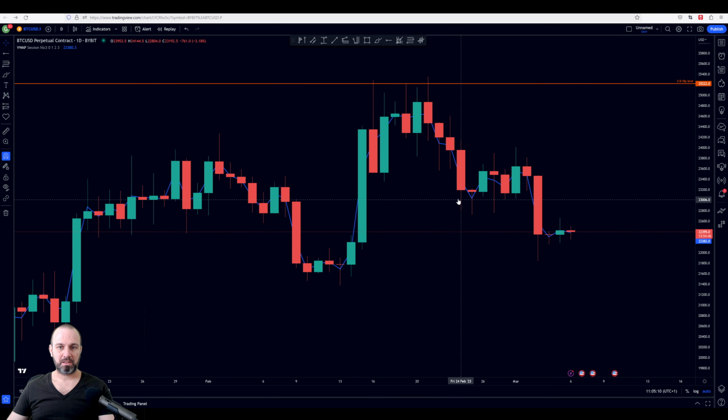But then lower low, right? So we've seen lower low, lower high, lower low. So at this point in time, when the price made the second lower low, we've got the confirmation about the change in market structure on a high time frame, daily time frame.